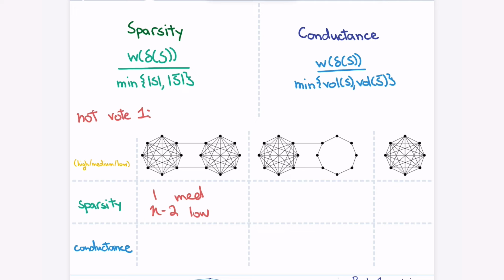Who thinks they'll have low sparsity? It didn't add up, but that's okay. So it's like 3 high, 4, I think 5 medium, maybe 10-ish low. 4 highs.